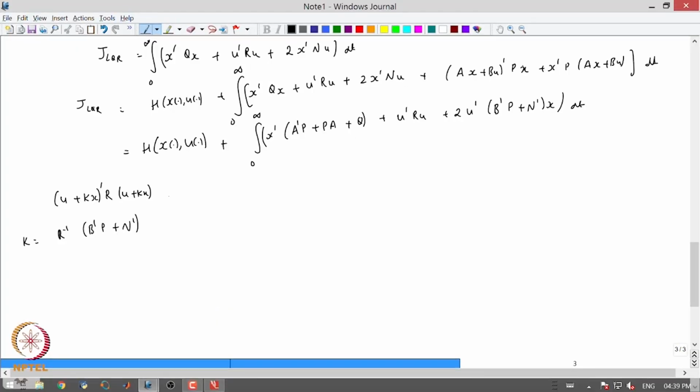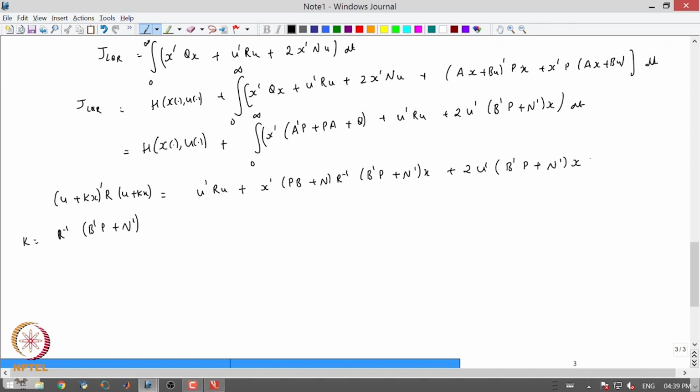So this will expand to the following. I have u transpose Ru plus x transpose (PB plus N) R inverse (B transpose P plus N transpose) x plus twice u transpose (B transpose P plus N transpose) times x.